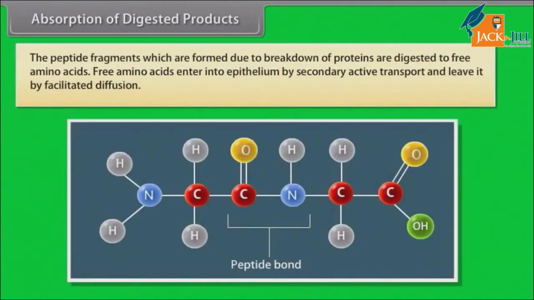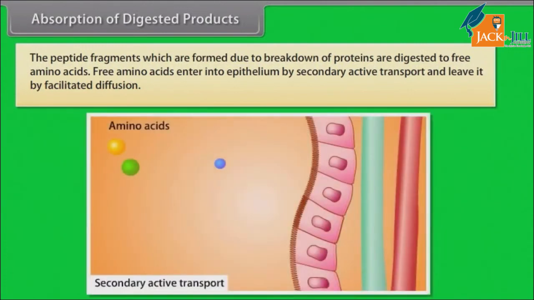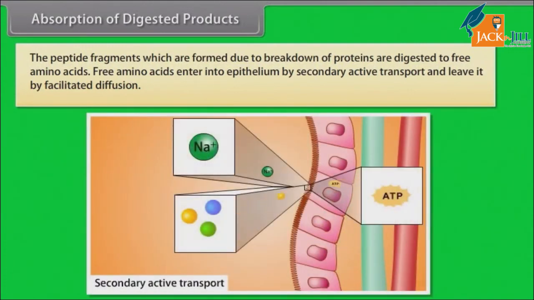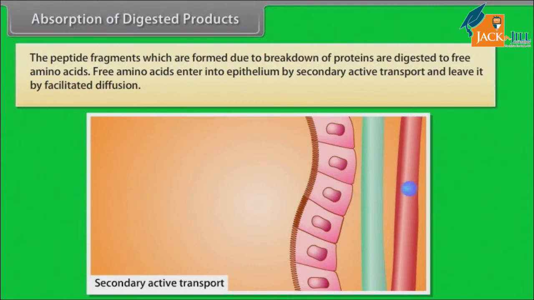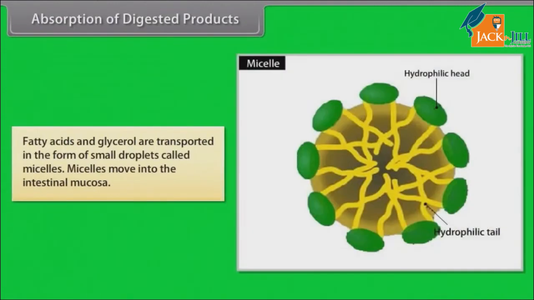The peptide fragments which are formed due to breakdown of proteins are digested to free amino acids. Free amino acids enter into epithelium by secondary active transport and leave it by facilitated diffusion. Fatty acids and glycerol are transported in the form of small droplets called micelles.